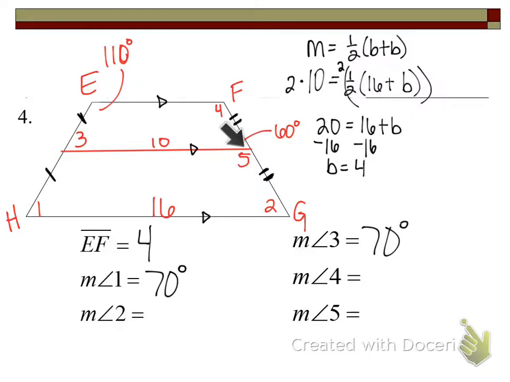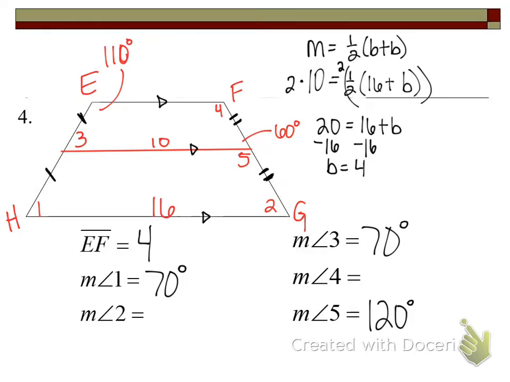What do I know about the angle that I'm given in angle 5? They make up a straight line. You see that? This one that I labeled with a 60 and angle 5 together are a linear pair. They make up a straight line. So what does that mean about angle 5? It's 120. Linear pairs are supplementary. They have to add up to 180 if they make a straight line.